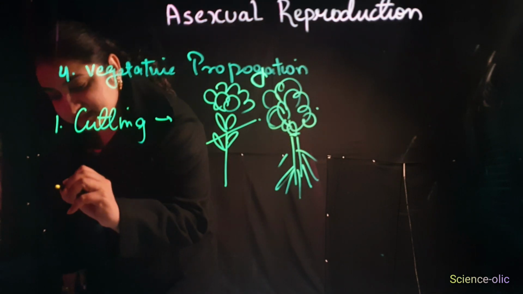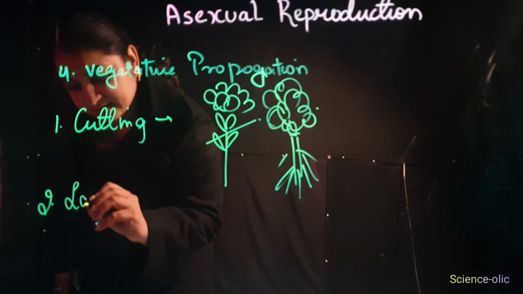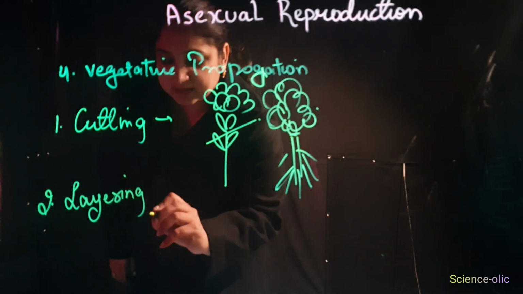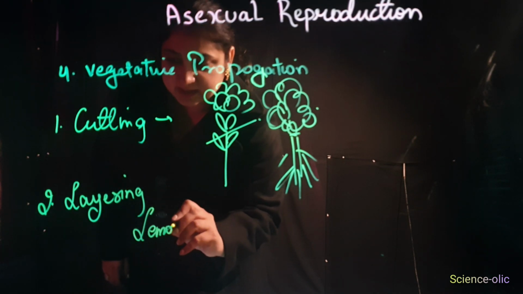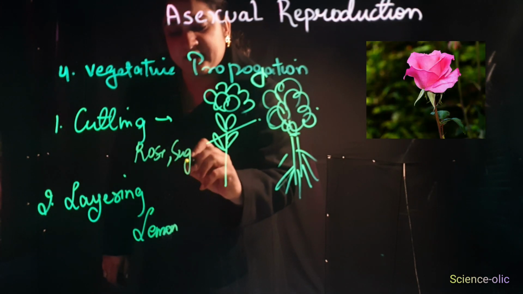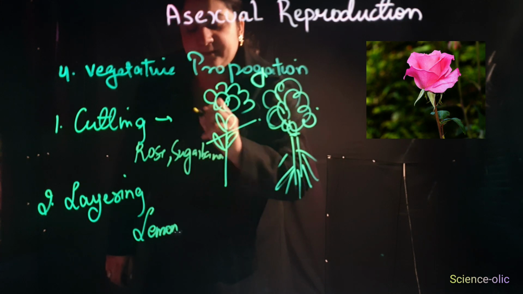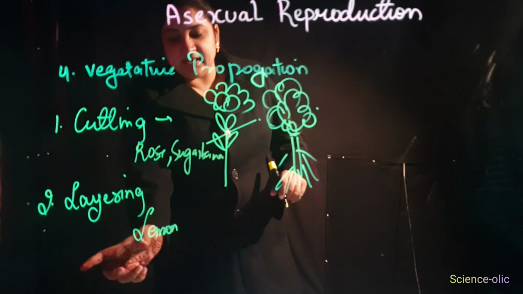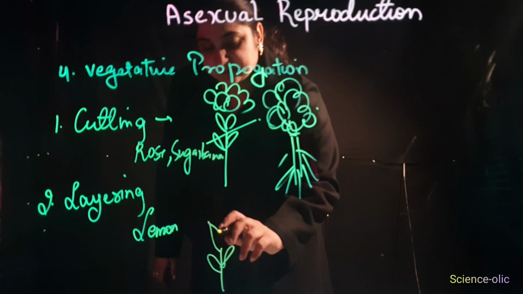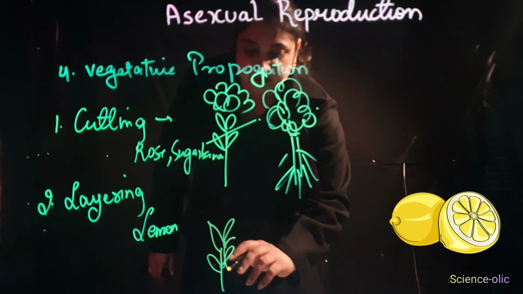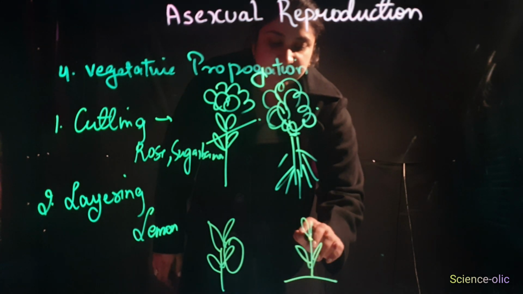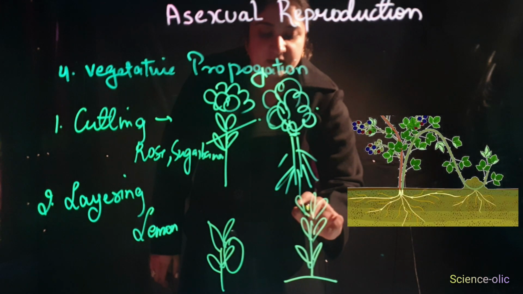Number second is layering. Layering is also very simple. It mostly occurs in lemon, and cutting occurs in rose, sugarcane, banana. So layering occurs in lemon. Suppose this is a lemon plant and you cut one leaf or one part, and the whole structure will grow.